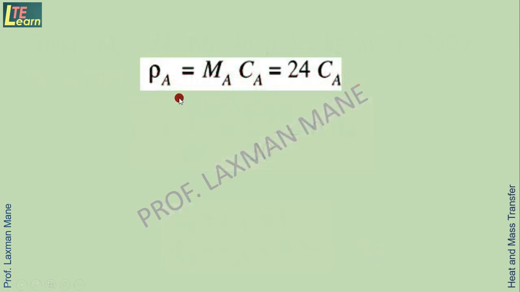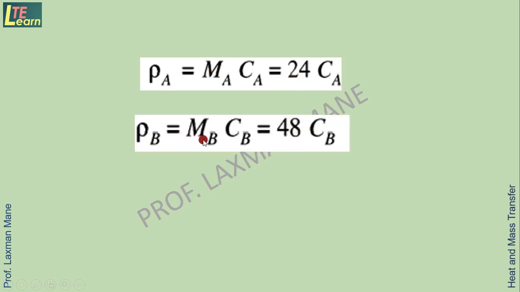Further, we can have the relation by using the earlier slide formula that was written, C is equal to rho by m. Now here we can write that rho is equal to m into C. So rho A, meaning density of gas A, is equal to mass of gas A into concentration of gas A, that we have to find. Mass of gas A is given, 24. Similarly for gas B, 48 is given.